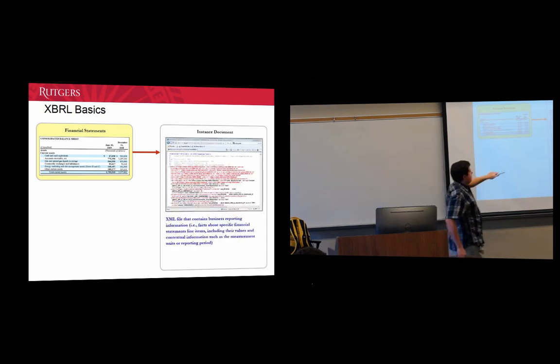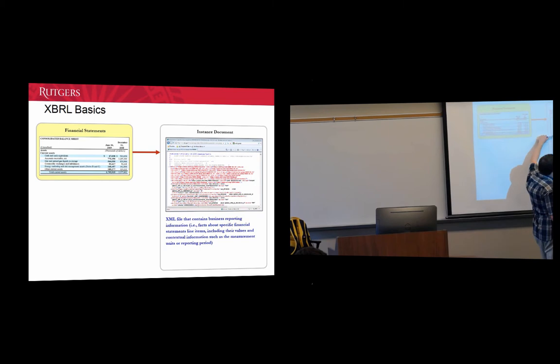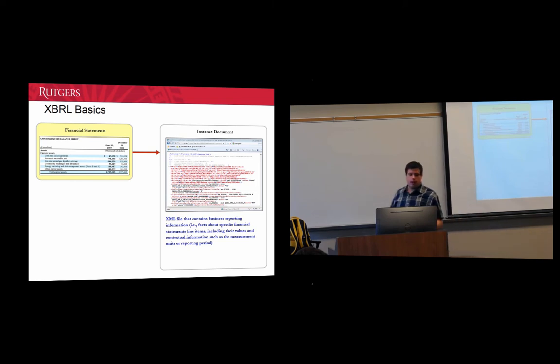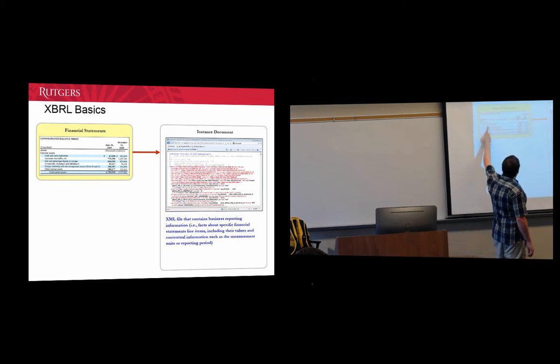You have this section at the top here, and this is all the context information. This is going to tell you all of the general information on the company and on this particular sheet that you're looking at. Anything that is not included in this particular line right here is included in this context information.